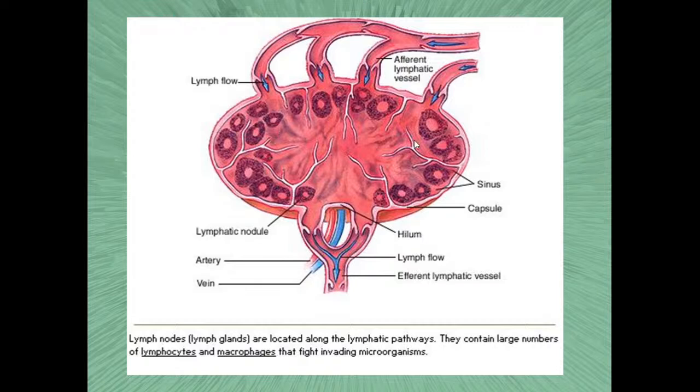In the center of the lymphatic node is the medulla, and it contains the medullary sinus. After that, lymph moves to the hilum of the lymphatic node and through the efferent vessels continues its outflow.